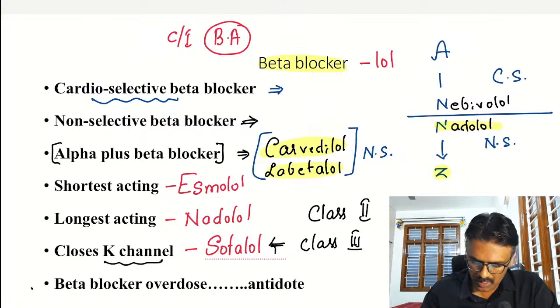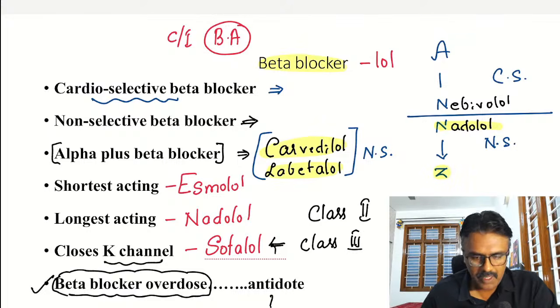And the last one you should answer: what is the antidote for beta blocker overdose? What is the name of the antidote? Anybody? Sai Krishna, Mishra? Yes, tell me the antidote name.